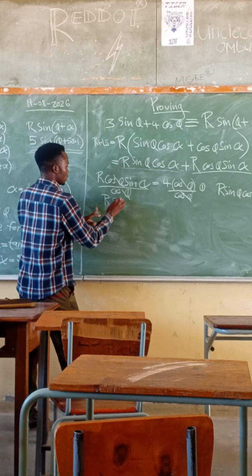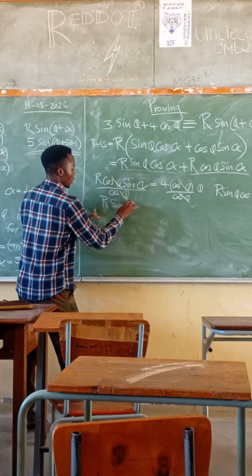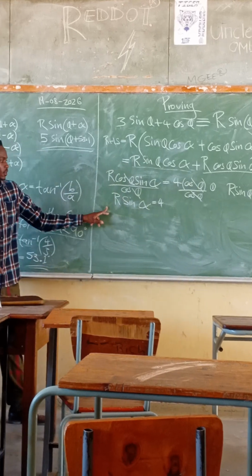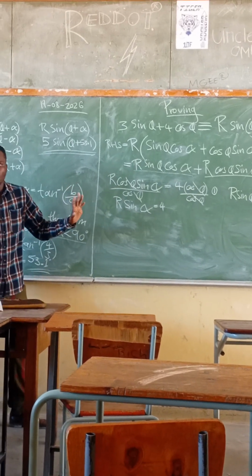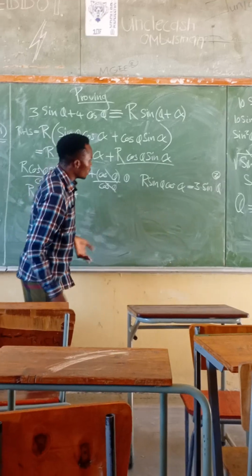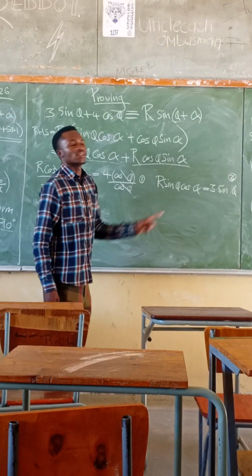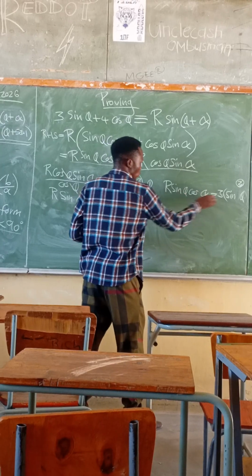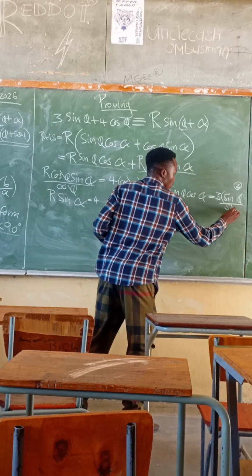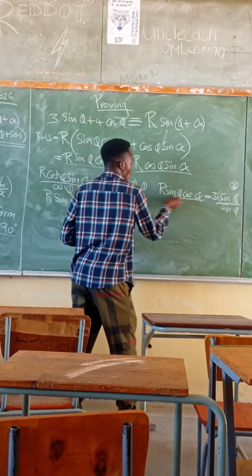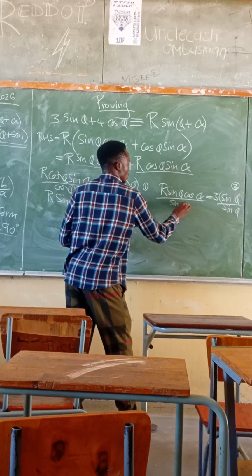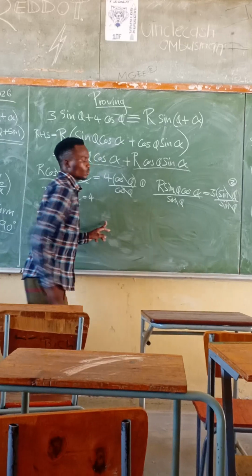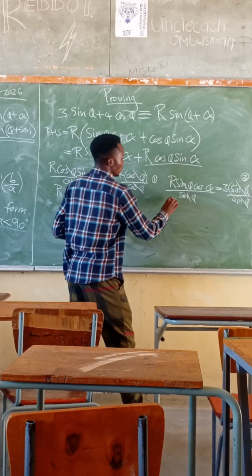R sin alpha is equal to 4, because that one is common. And here, this one is in a bracket, so divide by sin theta over sin theta. Sin will cancel, and I will remain with R cos alpha, which is equal to 3.